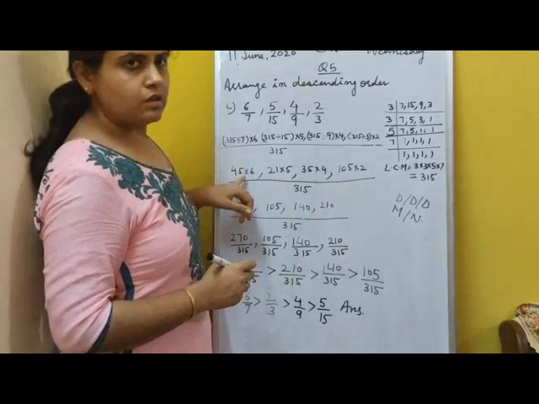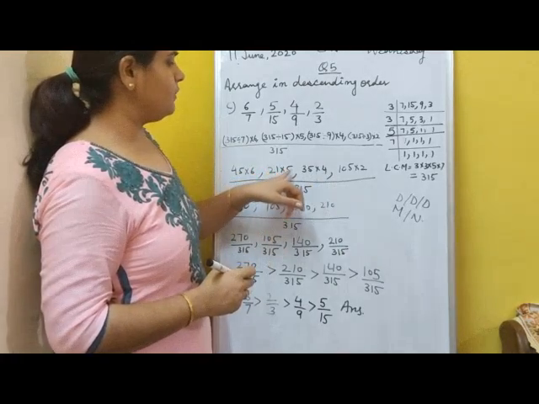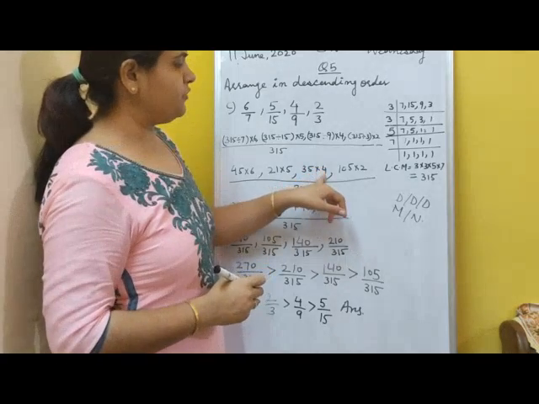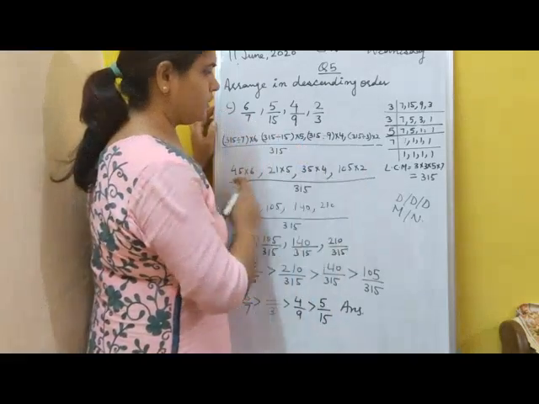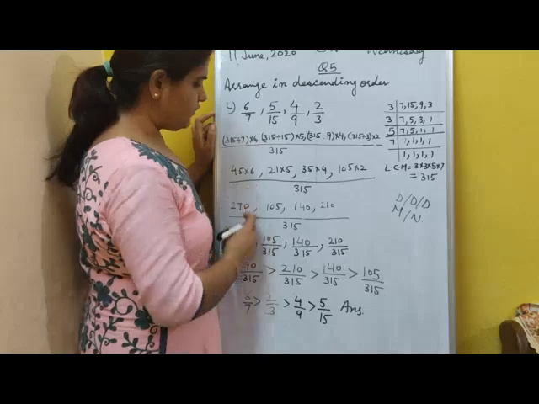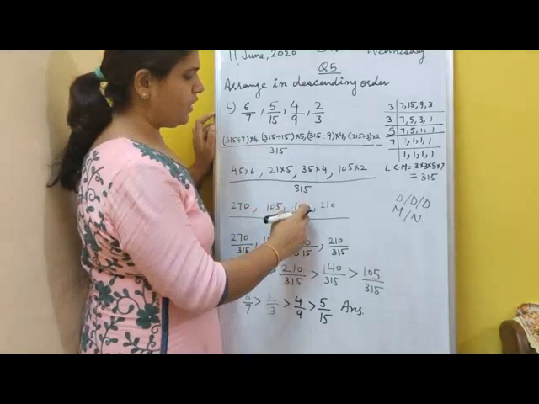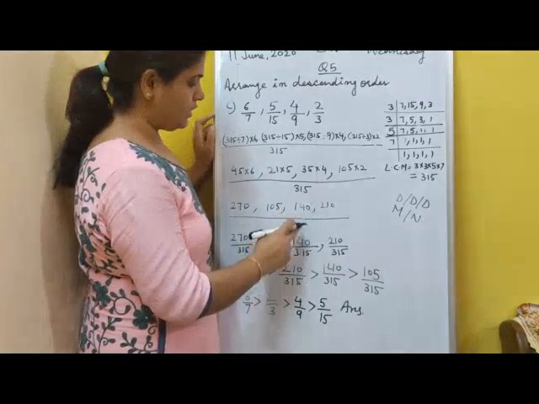After division, you will get 45 multiply 6. Next is 21 multiply 5, 35 multiply 4, 105 multiply 2. We will write the common denominator. Now after multiplying, you will get 270, 105, 140 and 210, and the denominator will remain 315 only.